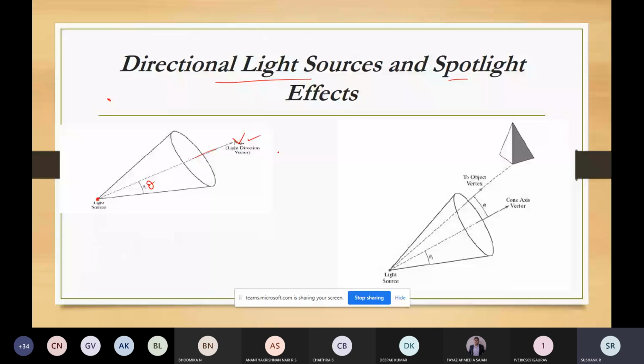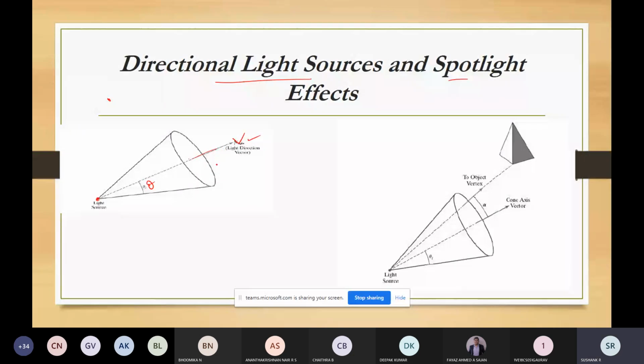To set up this directional light source, assign a vector v and an angular limit called theta, which is measured from the vector direction. When you consider this theta and the vector v, it defines a conical region of space where v is in the direction along the axis of the cone.